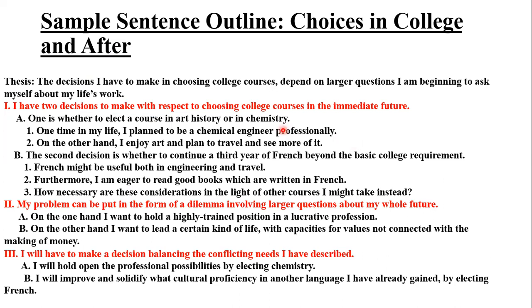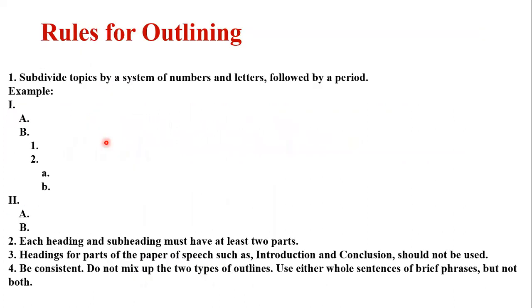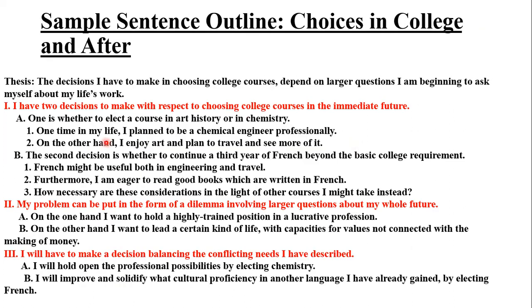Dear students, this is called a sentence outline. Feel the difference between the previous outline and this outline. Here in the main section, two decisions described, simply phrases have been mentioned. But here you find a detailed sentence, and then the main ideas are further divided into sentences.